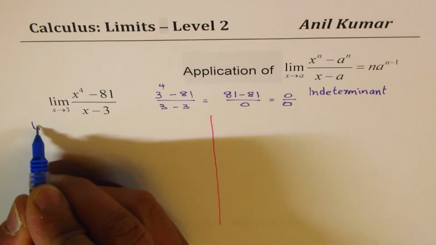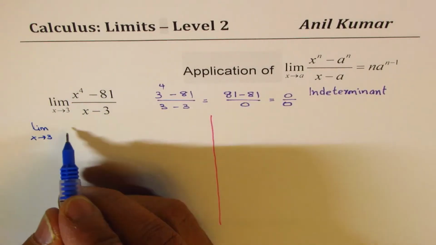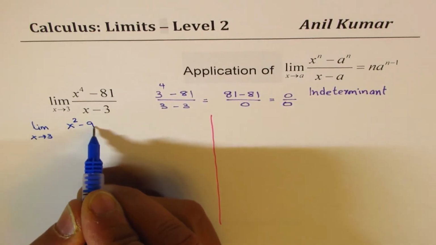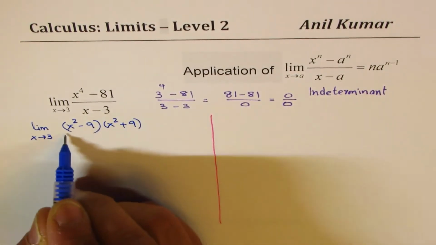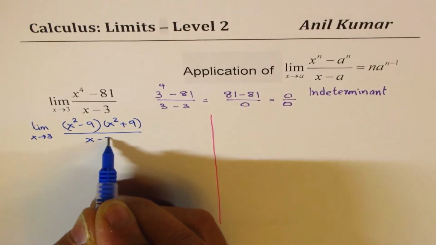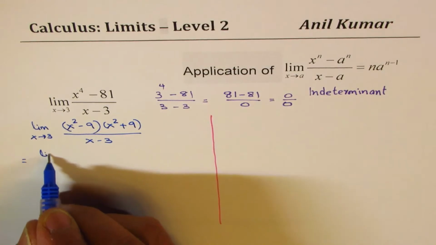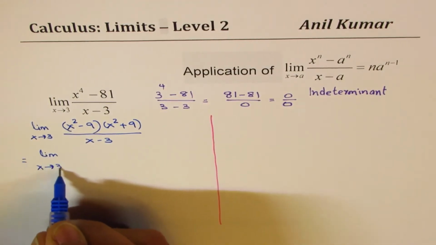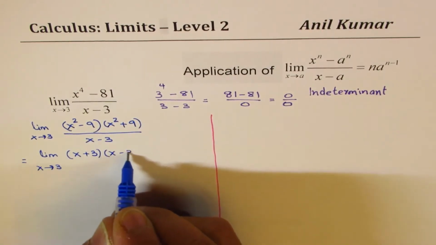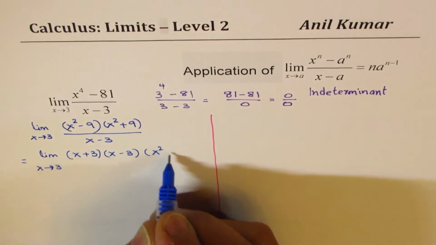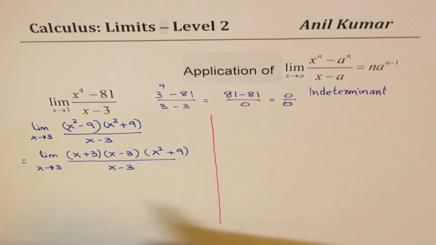So we can write this as the limit as x approaches 3. Now the numerator could be written as x square minus 9 times x square plus 9. Denominator is x minus 3. I could further factor x square minus 9. I'll get the limit as x approaches 3 of x plus 3 times x minus 3 times x square plus 9 divided by x minus 3, right?